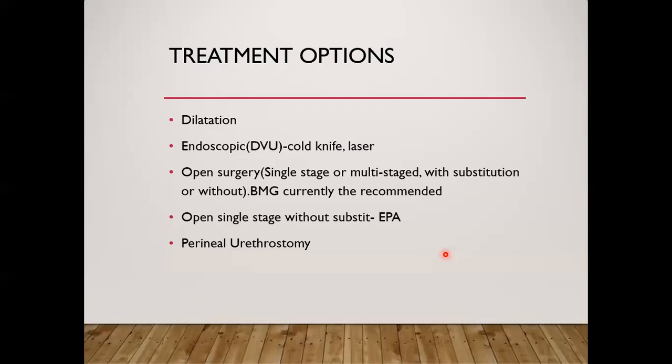Those strictures you do in multiple stages. So multiple stages for longer strictures, especially strictures that are complete and longer than 4 centimeters. For you to do single stage with substitution, the stricture must also be incomplete.